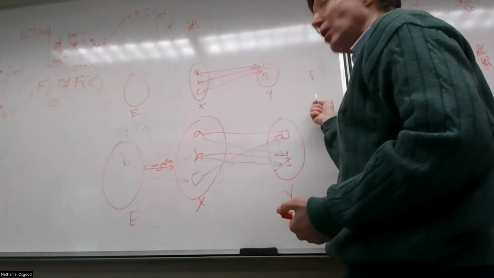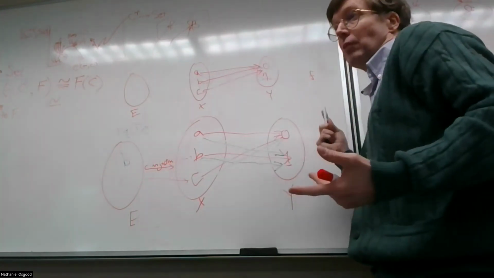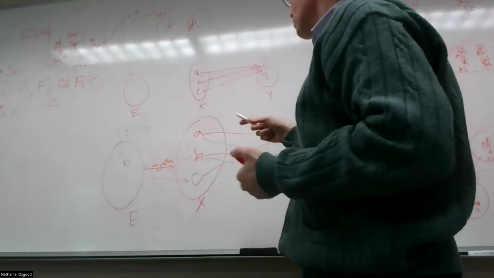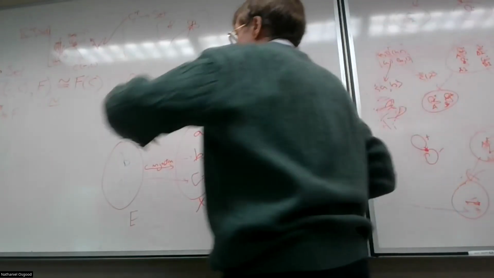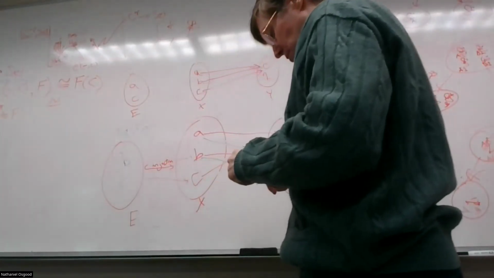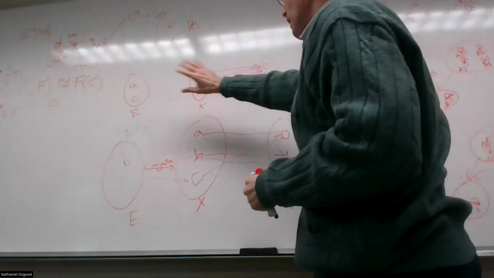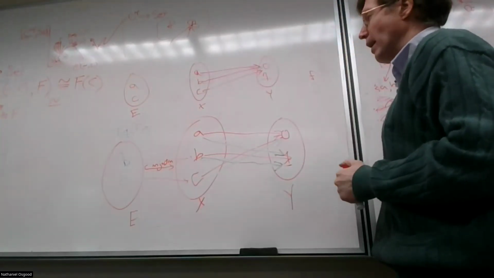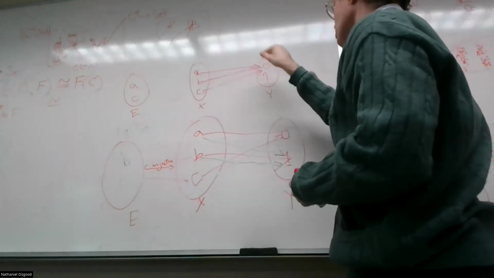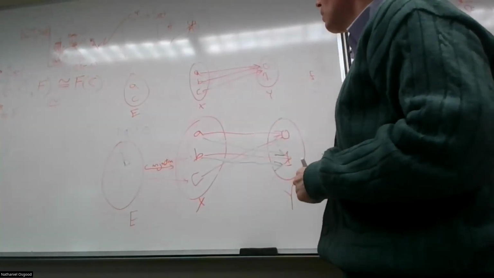So we're just asking for the subset of X that G maps to 0, which are precisely what Jeff mentioned, A and C. It's just the subset of X that is mapped to 0.